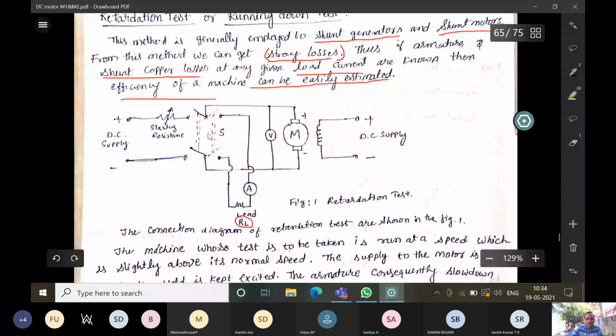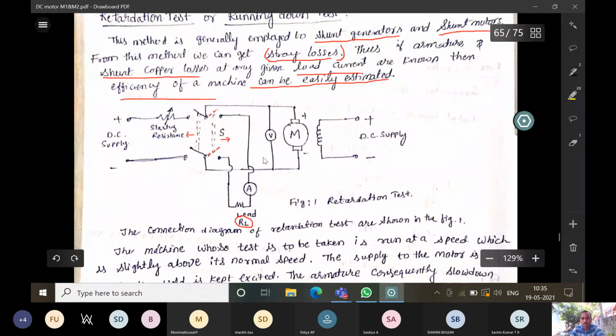There are two switches, so you can put the switch either towards the supply or towards the load. First you operate the switch to the supply, then the next time connect it to the load.